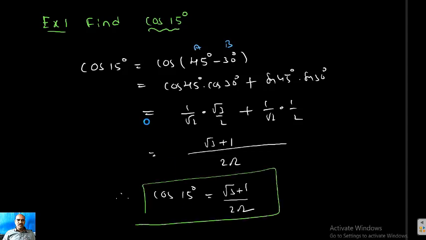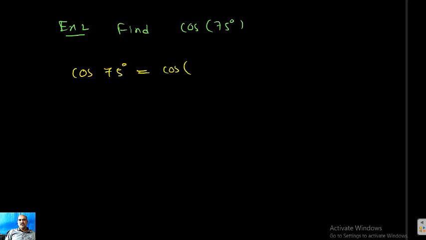Next, example 2. Find cos 75 degree value. So, cos 75 degree can be written as cos of 45 degree plus 30 degree. Now students observe, 45 is treated as A, 30 degree treated as B. Now, this is in the form of cos of A plus B. What is the formula?